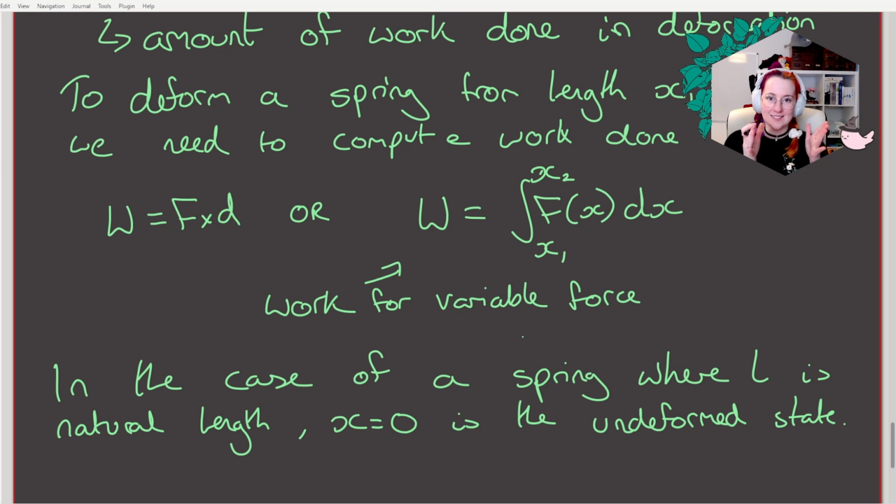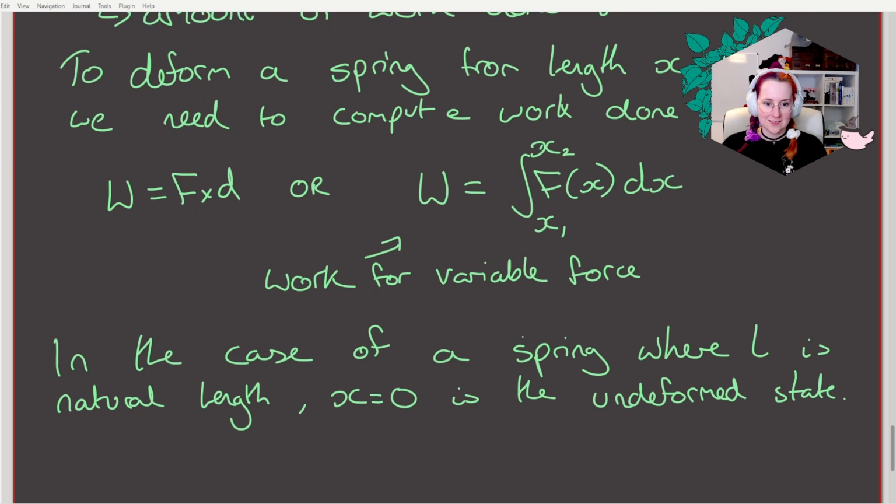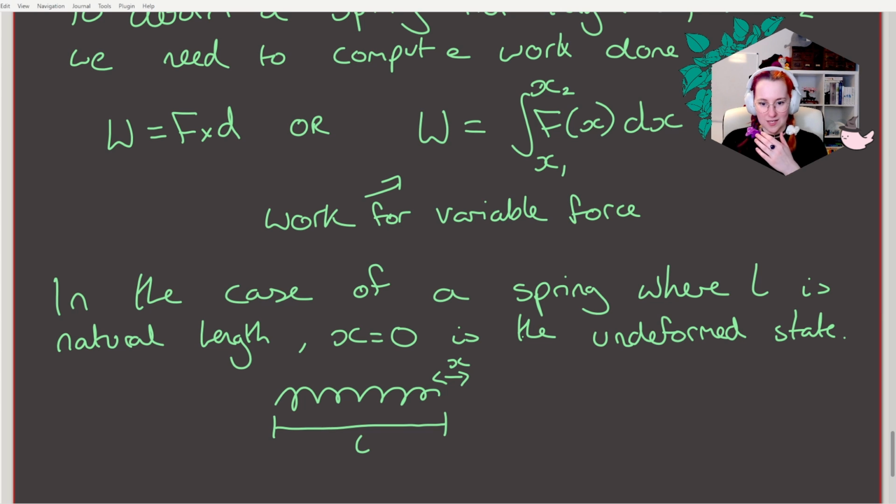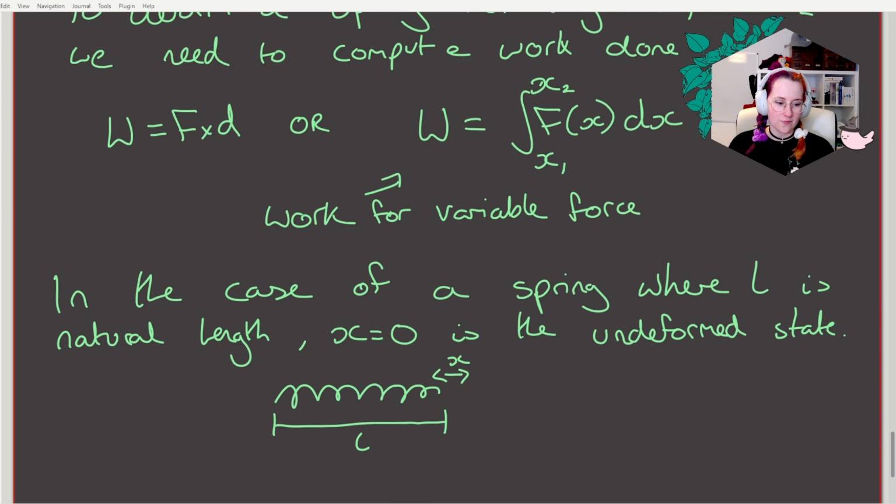So when it is at its rest state, x is 0. Okay? If I have my spring here, and this is L, x is how far away I move from this. So when I'm at it, I'm at 0. So x equals 0 is precisely L.